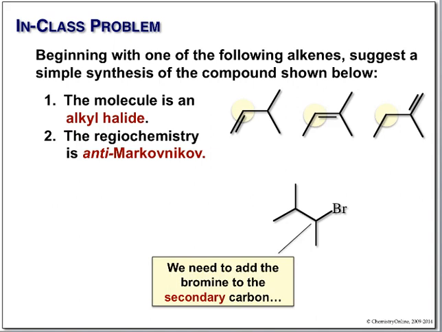So it's either this one or this one. If we add this one, which is our Markovnikov carbon, this guy, the secondary. This guy is our secondary. Therefore, those two don't work, just this one.